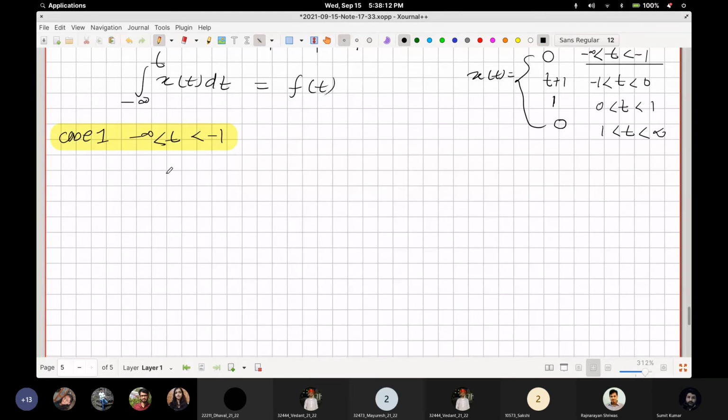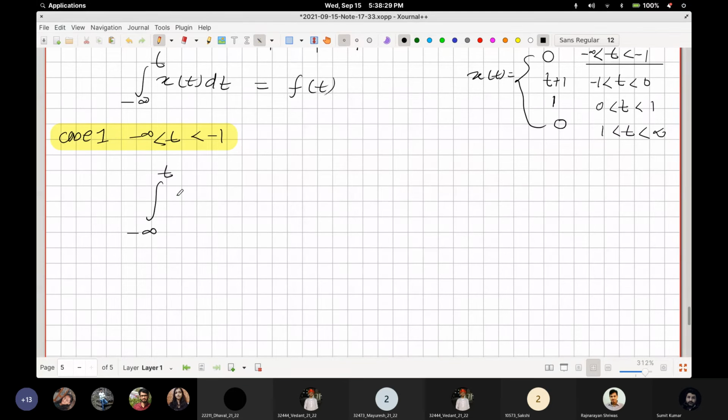Okay, when t is from minus infinity to minus 1, you will integrate from minus infinity to t. You are integrating up to t, not up to minus 1, and t is between minus infinity and minus 1.